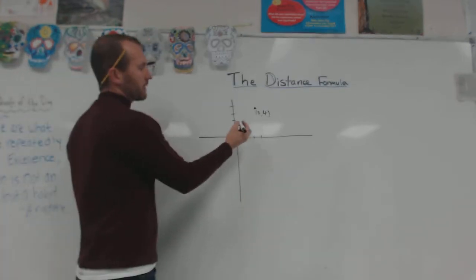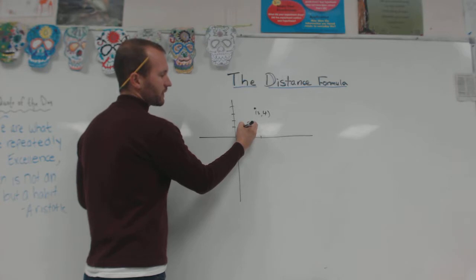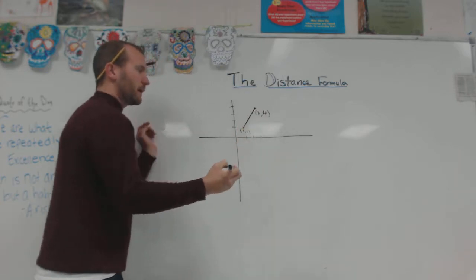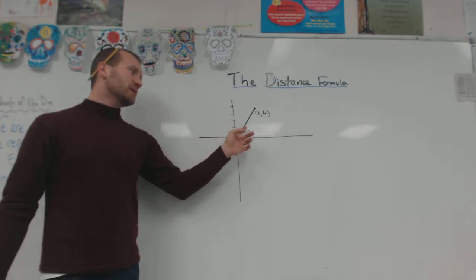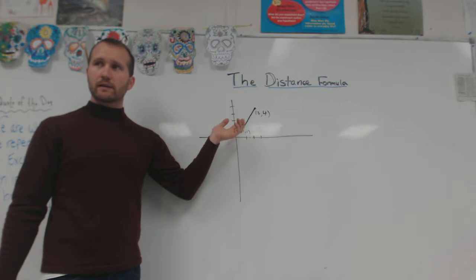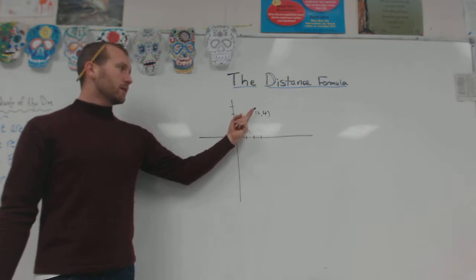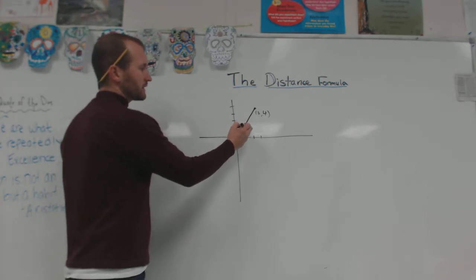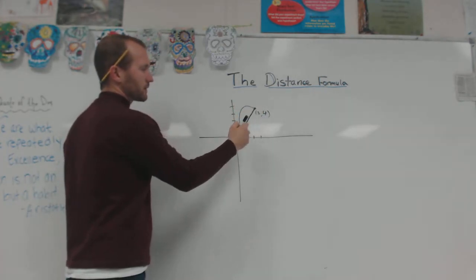The idea behind the distance formula is to find how far it is from this point to this point. And there's a law that says the shortest distance between 2 points will always be a straight line. Okay? Which makes sense kind of intuitively, right? The shortest distance isn't going to be like this curve or something.